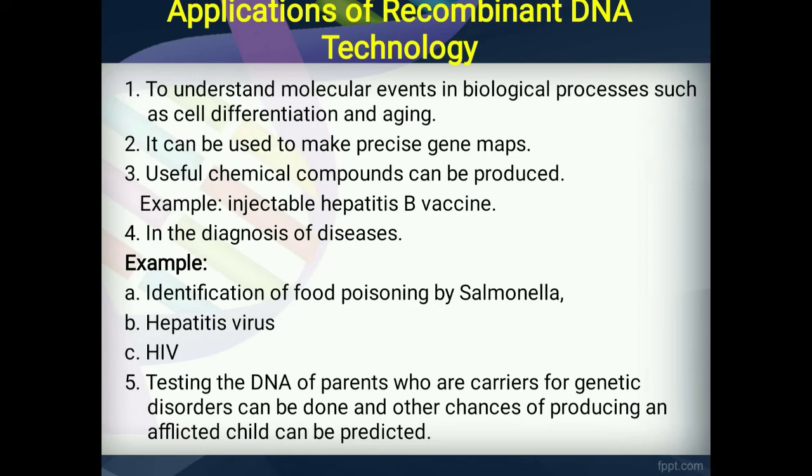It is also used in the diagnosis of disease, like identification of food poisoning by salmonella, hepatitis virus, HIV, etc. Testing the DNA of parents who are carriers of genetic disorders can be done, and the chances of producing an affected child can be predicted.